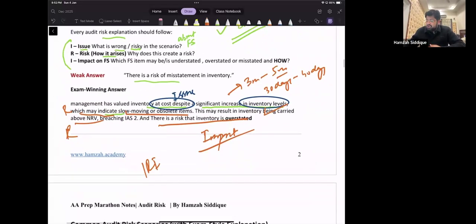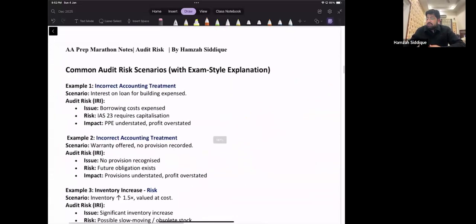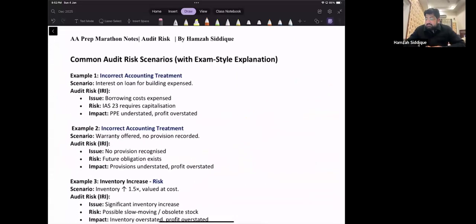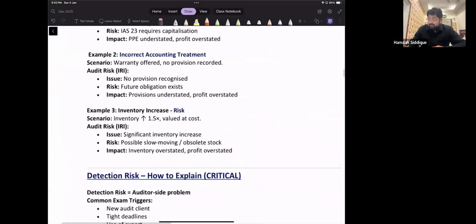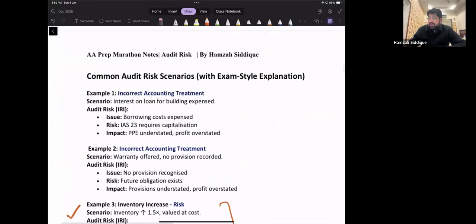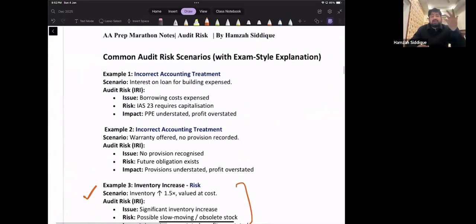Now you see here other examples. Another example of inventory has been explained above. Now, there might be incorrect accounting treatment given.